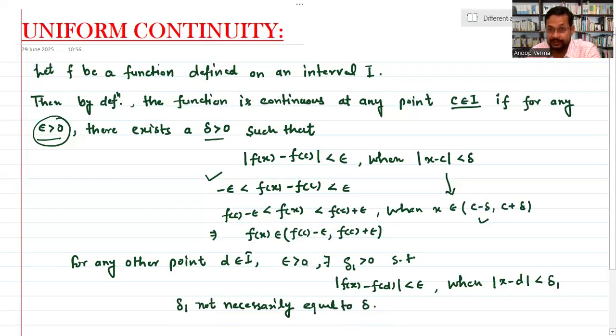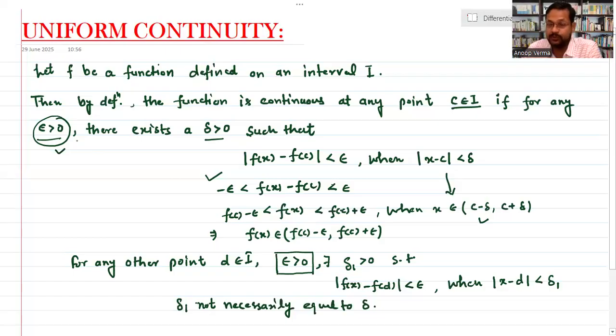So it means that if you are taking the same epsilon for other points, this delta 1 will differ from point to point. It is not necessarily the same, and it is also not necessarily different; it could be the same, but in general it is not necessarily true that this delta is equal to delta 1.